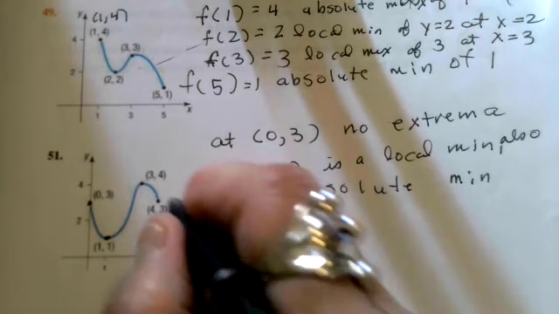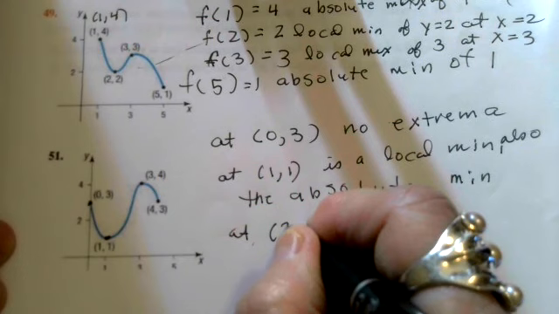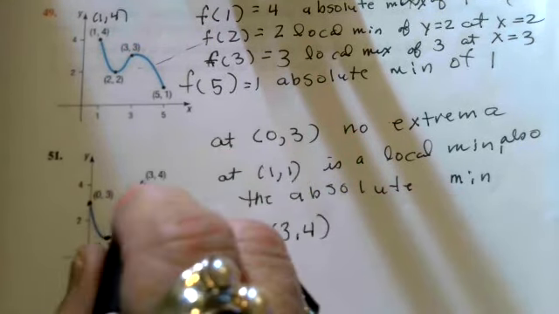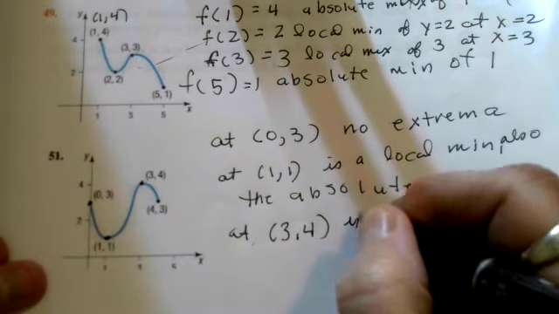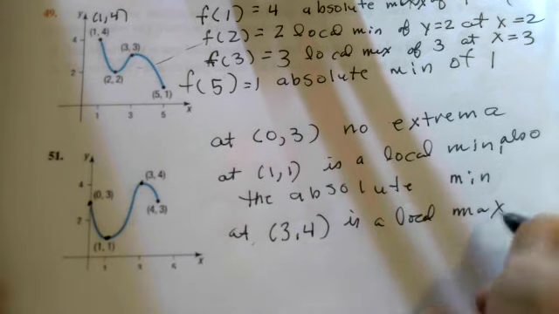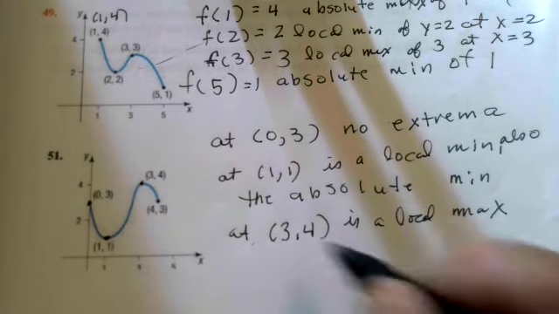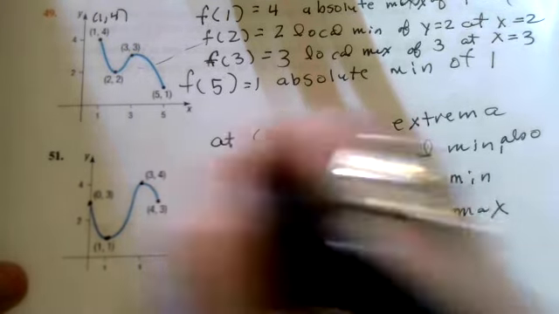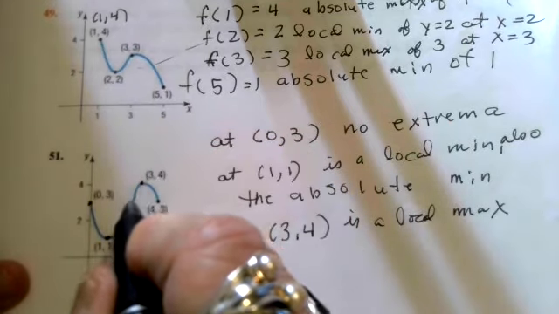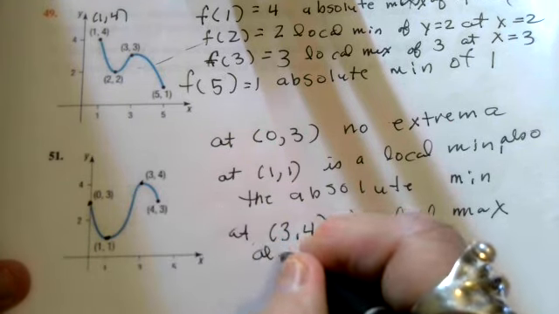Okay, and then the other point, at 3, 4, what have we got right here? It's a local max. Because we see that it's the highest point on the graph. It's a local max because it's the highest point near x equal 3, so to the left and to the right, but it's also the absolute max.